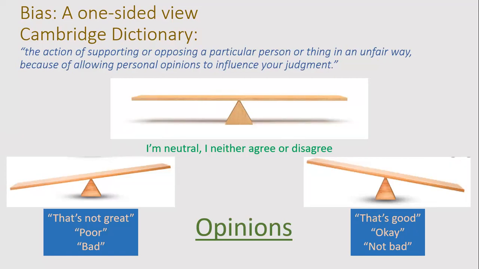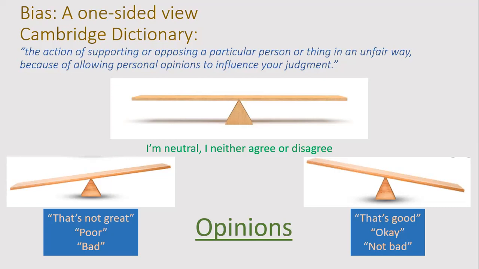What it really means is that a bias is to be heavily in favor of one side of an argument. If you have a debate about, let's say, global warming, like we said earlier, if someone is heavily in favor of the need to take drastic action, for example, Extinction Rebellion, their bias is that they're very much in favor and support that view.